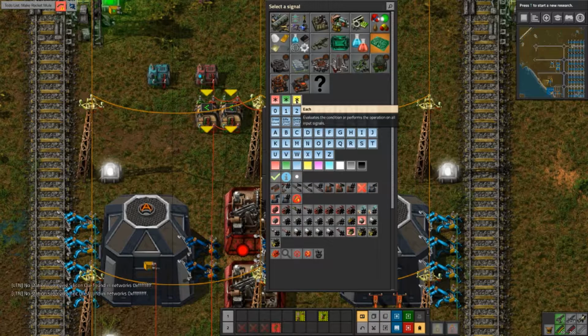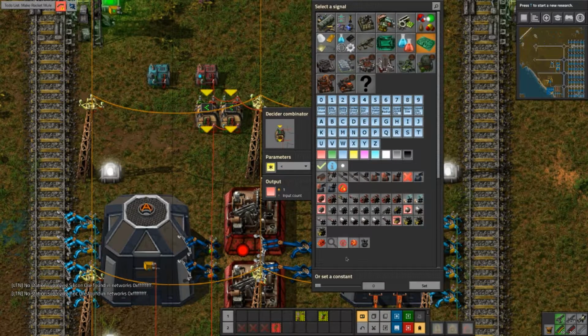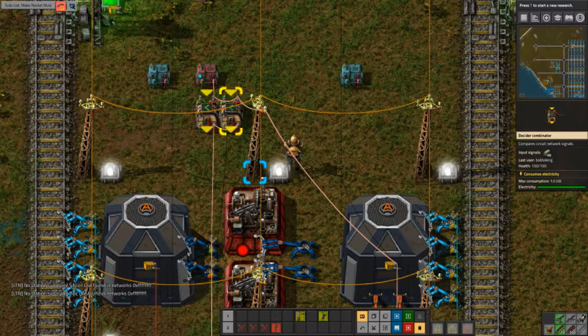And then each signal is say less than 50. And you also go... Ah, wait.